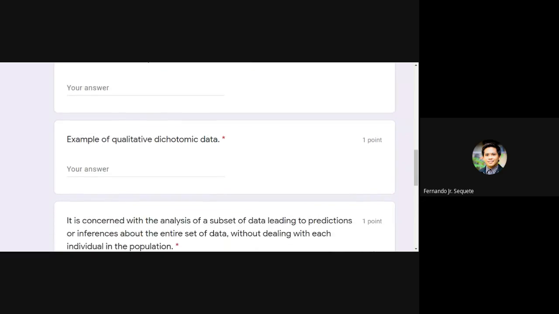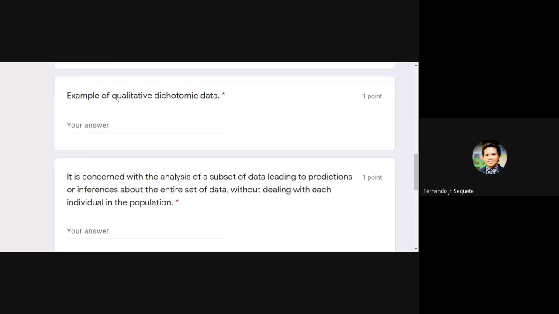How about an example of dichotomic data? Example of dichotomic data, we have sex. What is an example of qualitative dichotomic data?